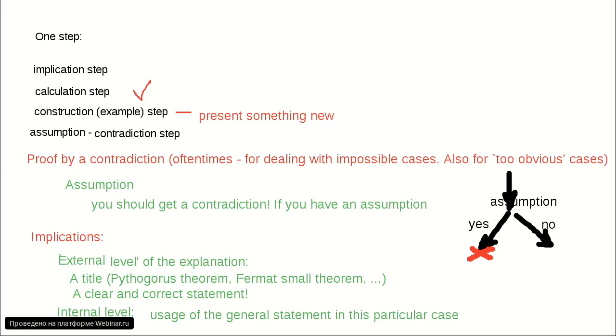So if you didn't state any assumption, but you came to a contradiction, you should come back through your solution and find the place where an assumption should be made. If you made an assumption, or you started considering some particular examples, then you should come to the moment of the contradiction.